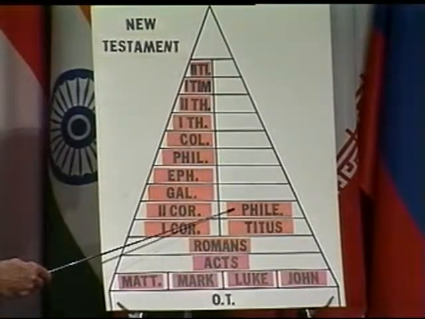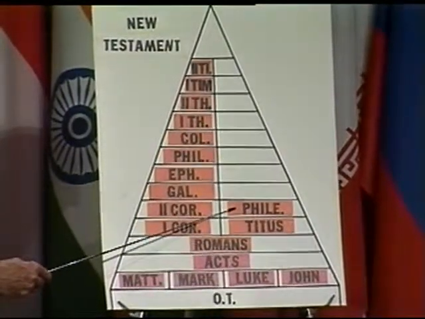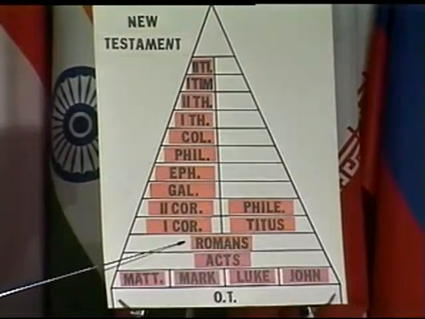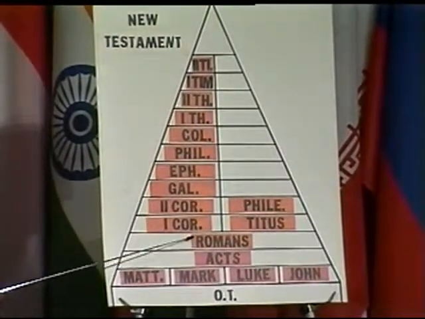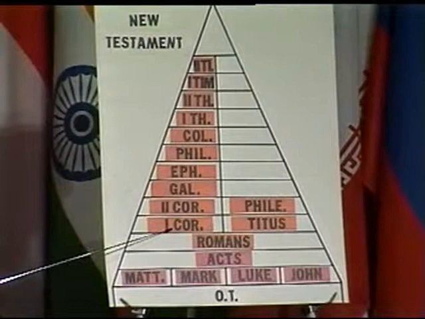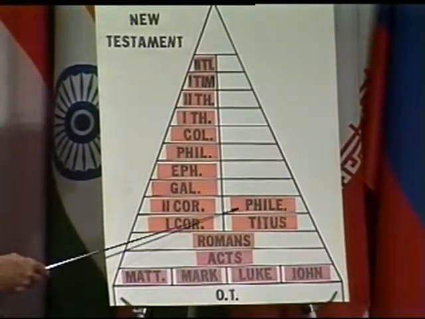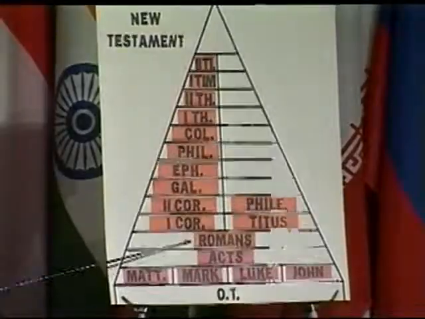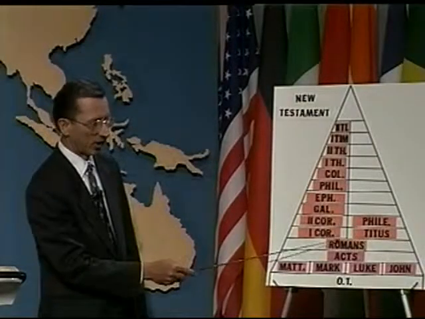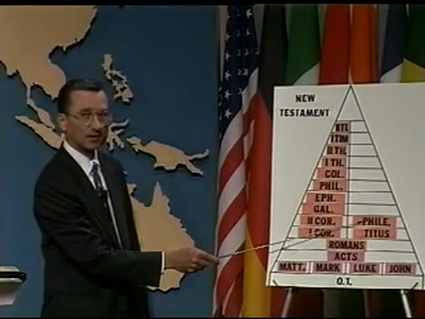So the order has to do not with chronology, but with the length of the letter. Entonces no es un orden cronológico, más bien es un orden con relación al tamaño de cada carta, de la más larga hasta la más corta.